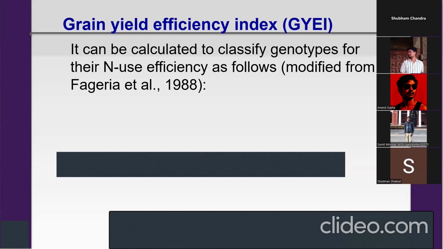Similarly, you have 4 nitrogen levels, 0, N1, N2, N3. 0 could be 0, N1 could be 40, then 80, 120. Just assume it. So the lowest nitrogen level is not 0 here; it will be considered as 40.